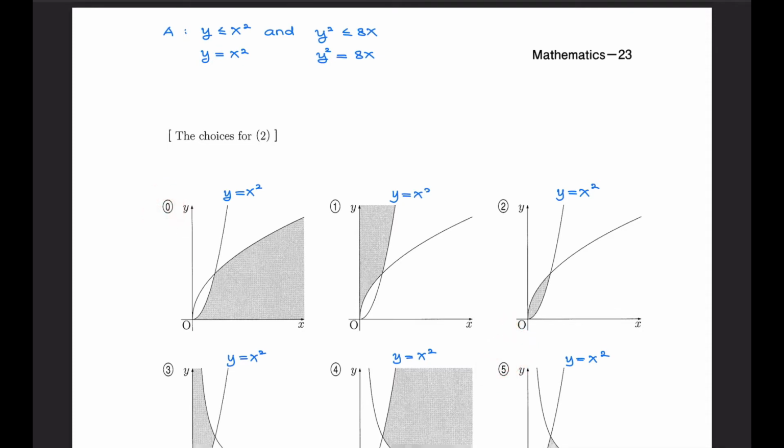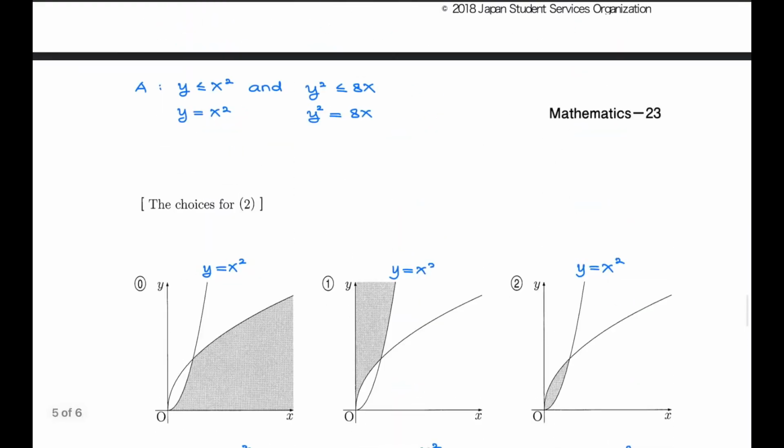And then, what is the shape of the graph y squared equals 8x? If you plot some points that lie on this graph, the graph will be something like this. This is the graph y equals square root of 8x.